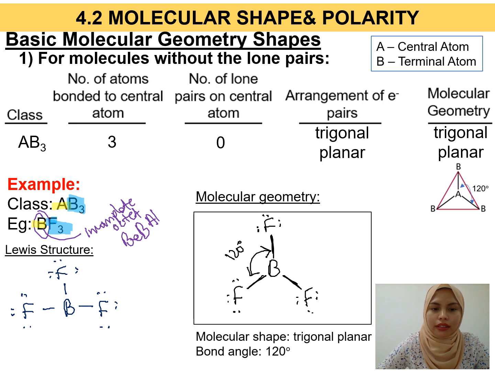Sebabkan kalau angle untuk shape triangle kan 120 degree. Okay, so after that, don't forget to write dia punya molecular shape apa, trigonal planar, the bond angle adalah 120 degree. Okay, so this is the step by step kalau soalan tanya shape of your molecule.